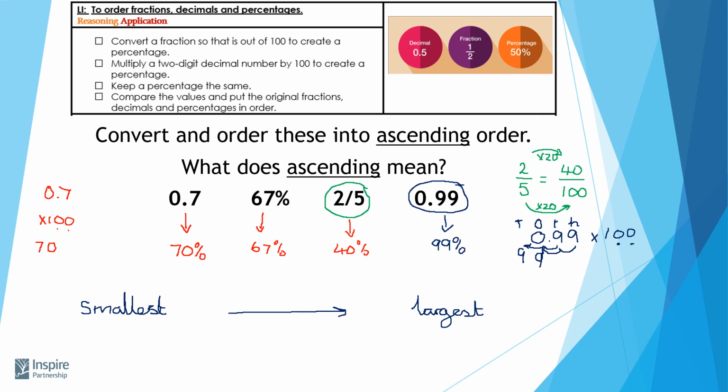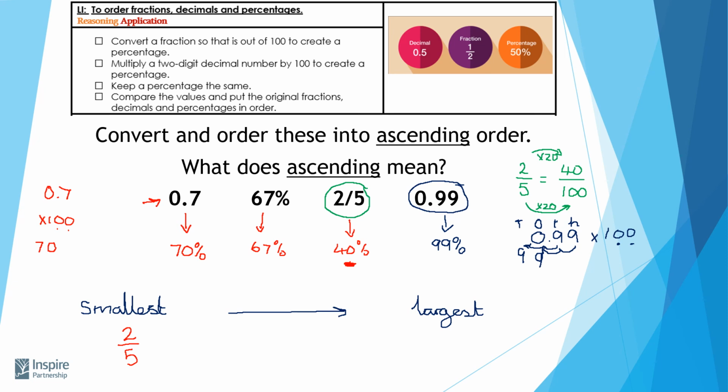Now what I need to do is go back to my original fractions, and I need to answer the question because it said to put these fractions and these decimals and these percentages in order, not the answers. So let's have a look along the line and think about which is my smallest number that I'm going to be dealing with. Well, it's this one here, 40%, isn't it? 40% is smaller than 99, it's smaller than 67, and it's smaller than 70%. So my smallest is 2/5.